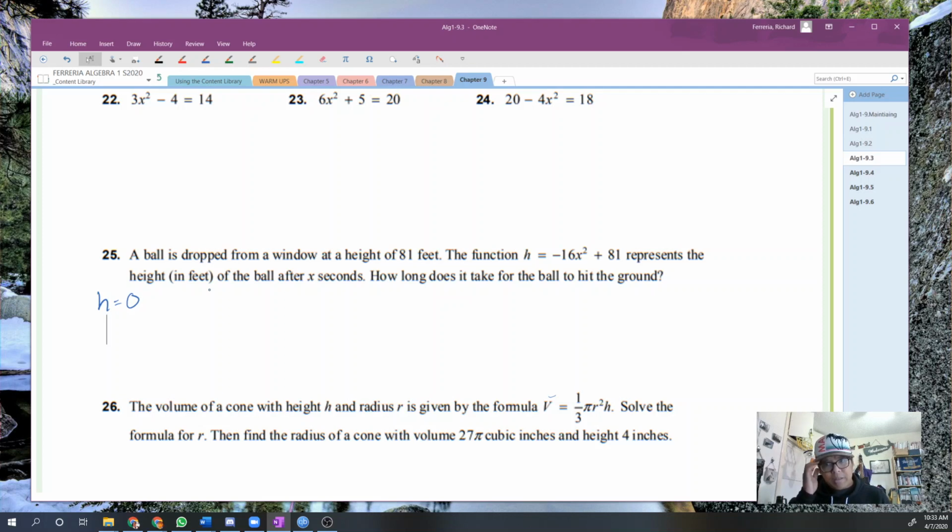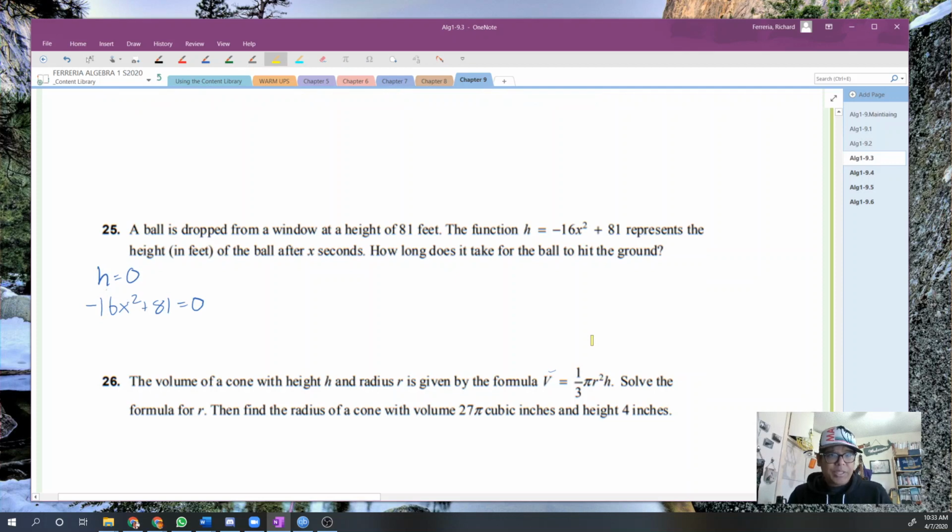And do I have anything that I can use for height? Well, I notice that there is an equation here for height. It is negative 16. Let's highlight that. The height is negative 16x squared plus 81. So instead of saying h equals 0, I could just say that negative 16x squared plus 81 equals 0, since those two equations are equivalent.